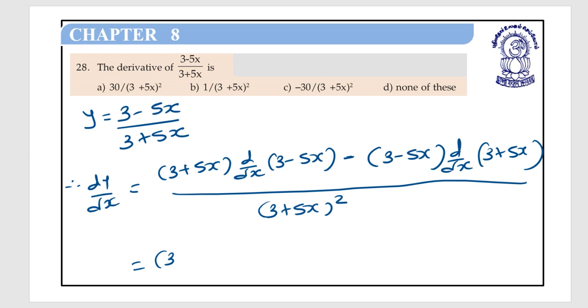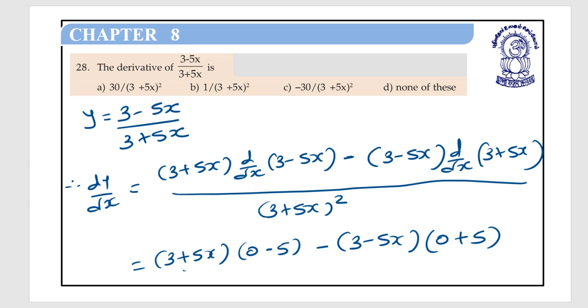So 3 plus 5x, d by dx of 3 is 0 minus 5x, differentiation of 5x is 5, minus 3 minus 5x, differentiation of 3 is 0, plus 5x, differentiation of 5x is 5, plus 5, divided by 3 plus 5x whole square.